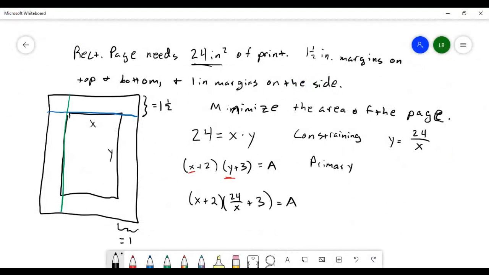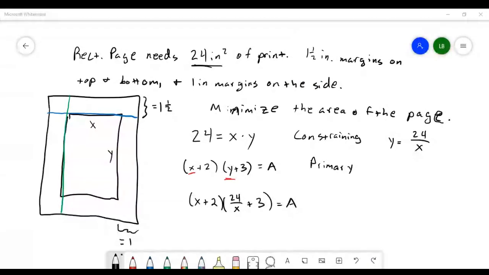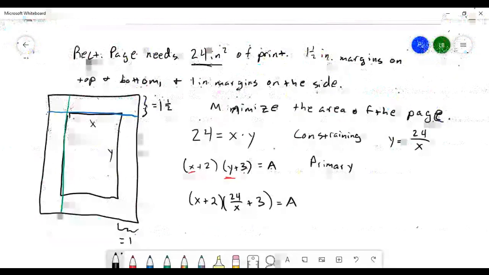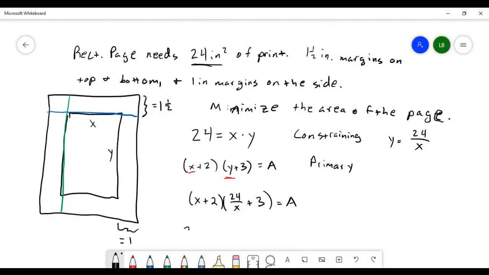Yeah, because now this is a function of just x, so we can take the derivative, right? In this case, x times 24 over x is 24 plus 3x plus 48 divided by x plus 6 is equal to a if we distribute.